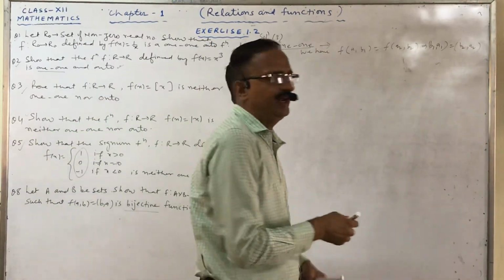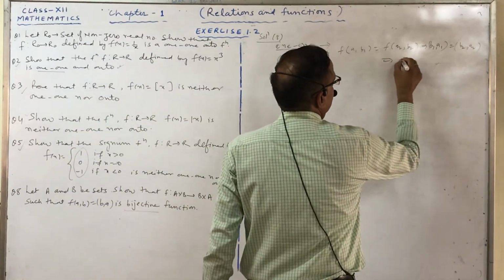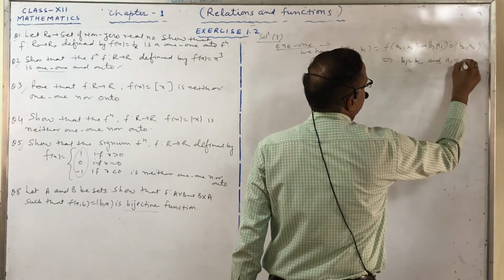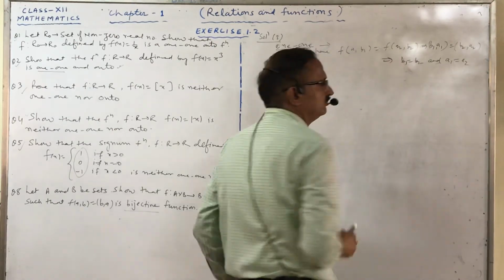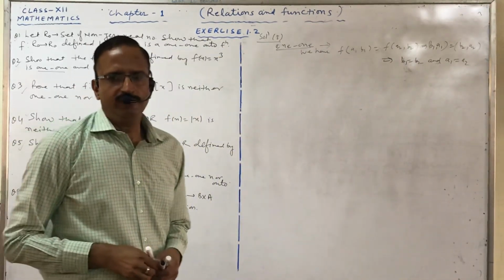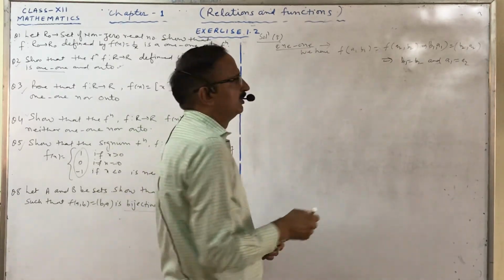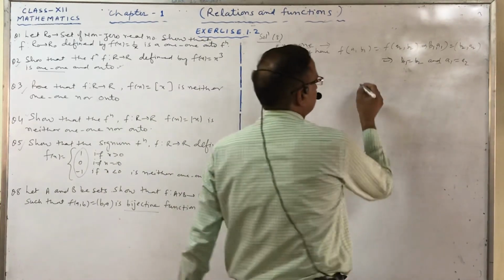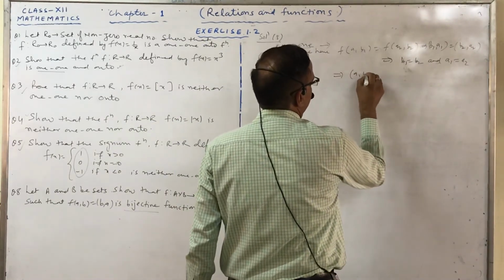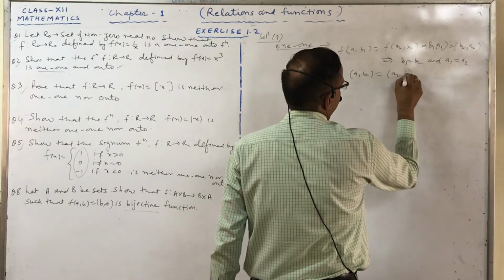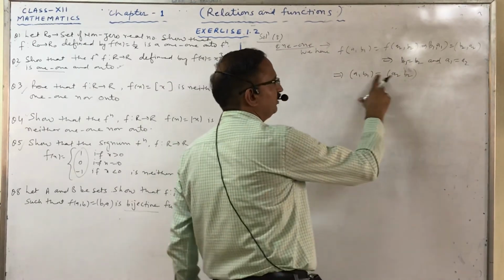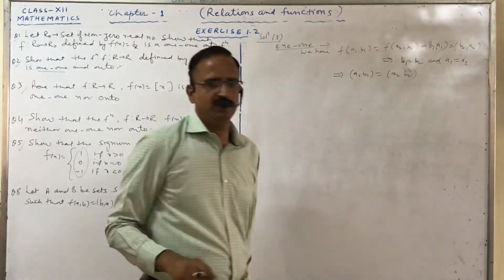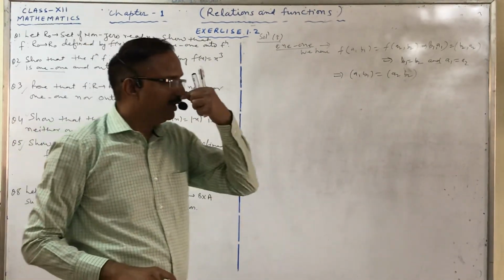So this implies that (a1, b1) equals (a2, b2) because a1 is equal to a2 and b1 equals b2.